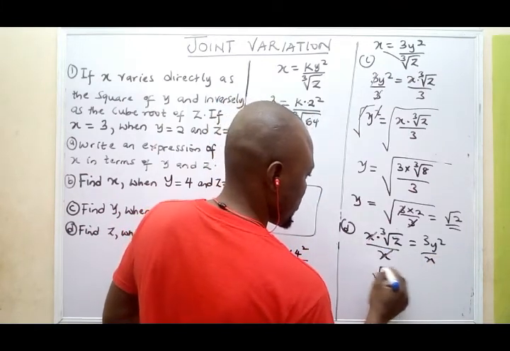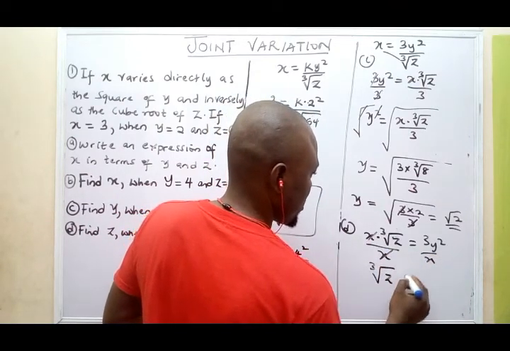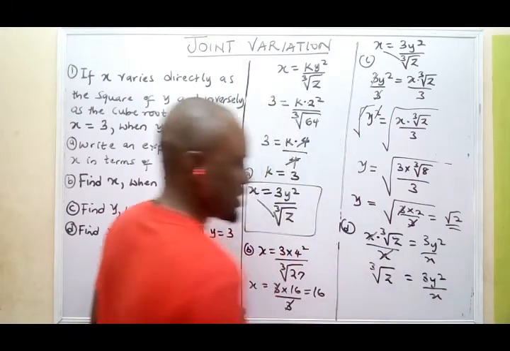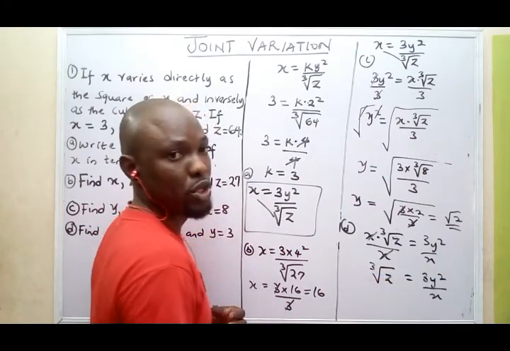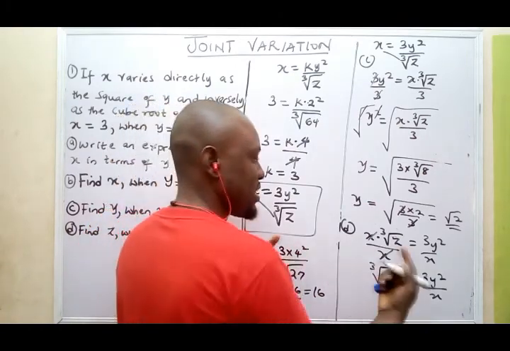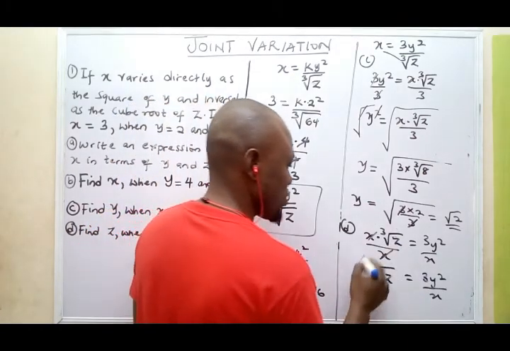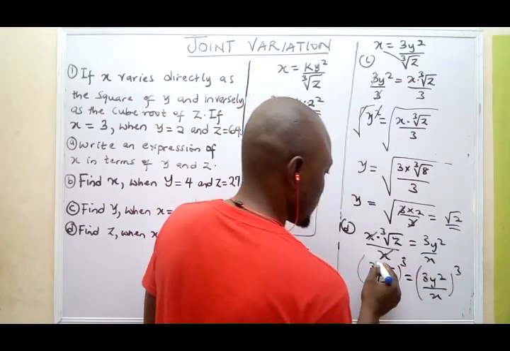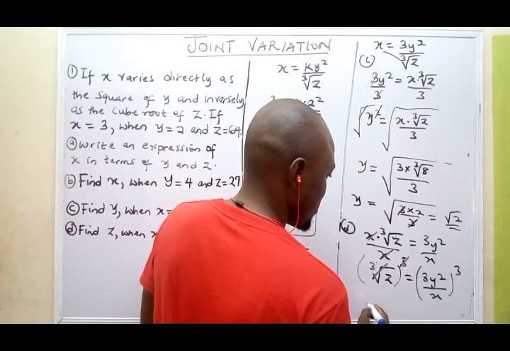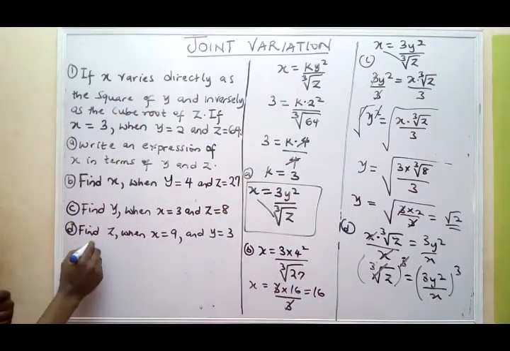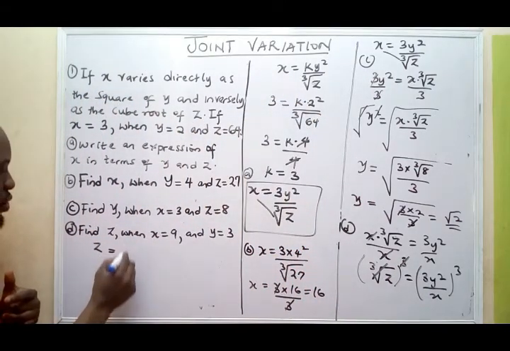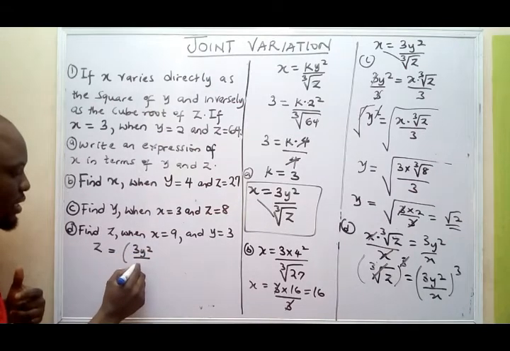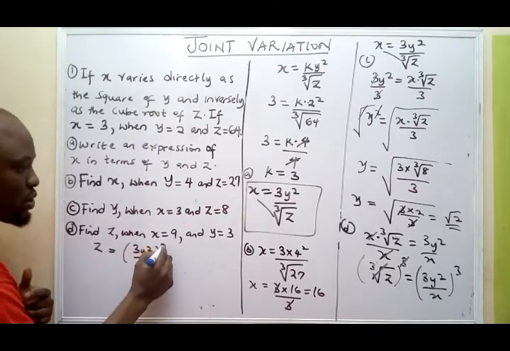So the cube root of z equals 3y squared over x. Now I need to get rid of the cube root, so I'm going to find the cube of both sides to remove the root, so this cancels this. Therefore, z will be equal to 3y squared over x, all cubed.